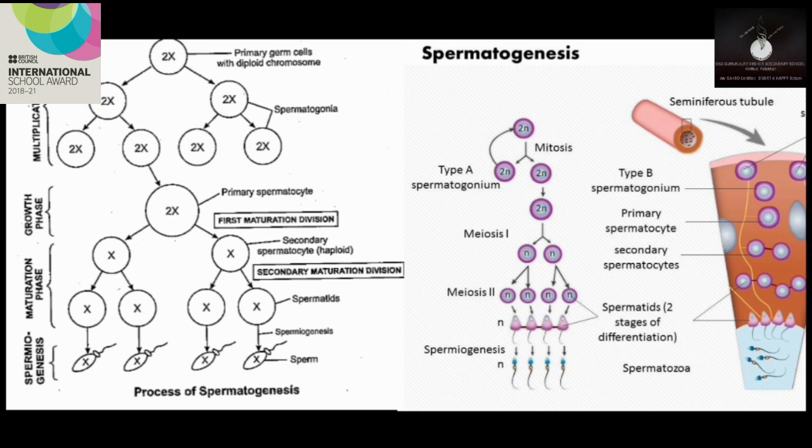These type A cells will act as a precursor of the spermatogonia again. That means it retains as a germ cell again, thereby it helps to maintain the number of germ cells. Okay, and type B cell will undergo some other changes.